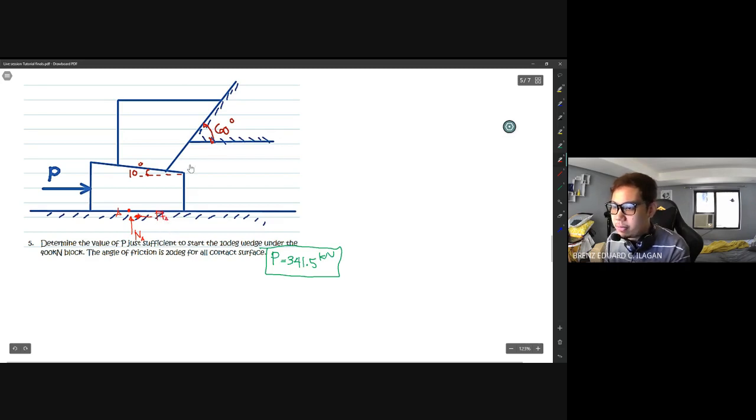So kapag mga wedges problem, take advantage of using the resultant. So kunin mo yung resultant niya. Again, plinat mo lang ito para at least malaman mo yung direction niya. Again, ito will act at angle phi. So given naman yung angle of friction, so 20 degrees. Tapos cancel mo na yan. So in terms of RA.